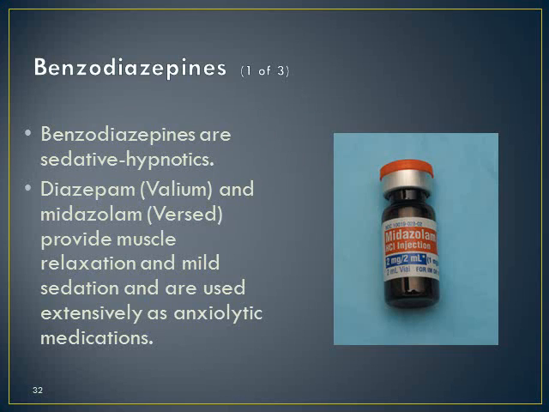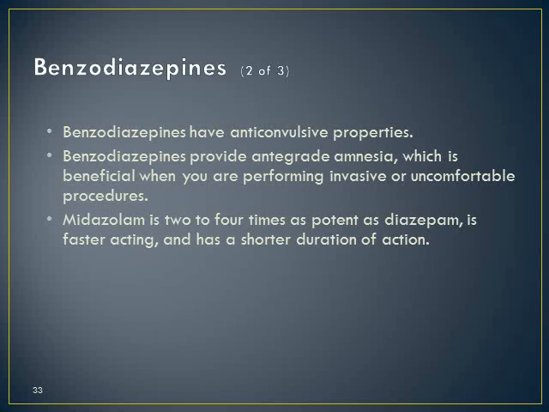Then we go to the class of benzodiazepines, which are sedative hypnotics. So you've got Valium and Versed, or diazepam and midazolam. They produce muscle relaxation, mild sedation, and are used extensively as anxiolytic medications.